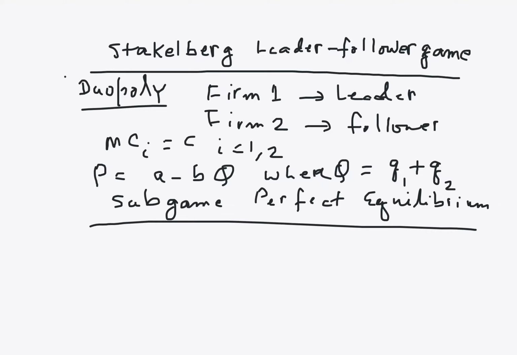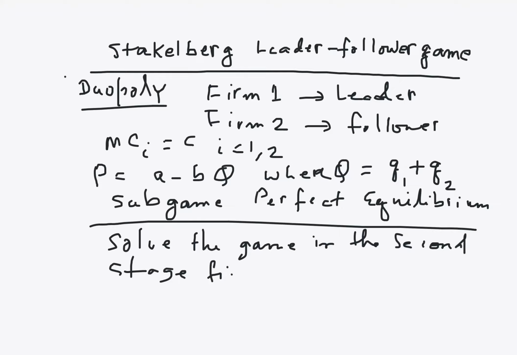We are going to solve the game in the second stage first, and then go to the first stage and solve the game there. The idea is that firm one has to anticipate how firm two would react to its output choice in the second stage before making its own decision in the first stage.